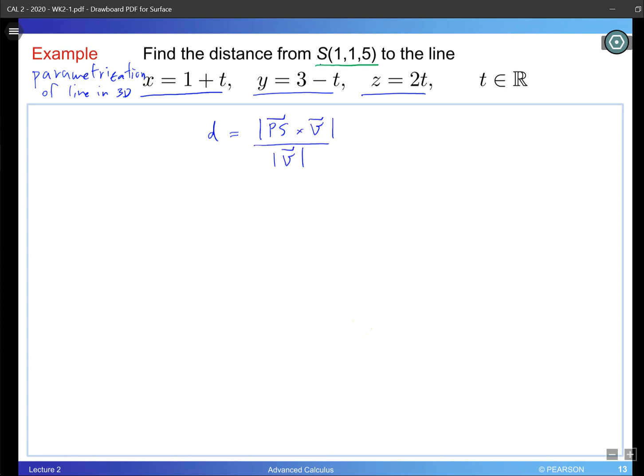So we need to find all these terms in order to find d. The first thing is v. Let's try to find this vector v. This vector v is the vector pointing in the same direction of the line.